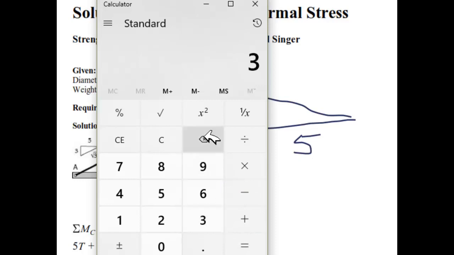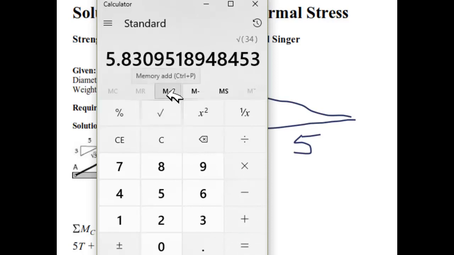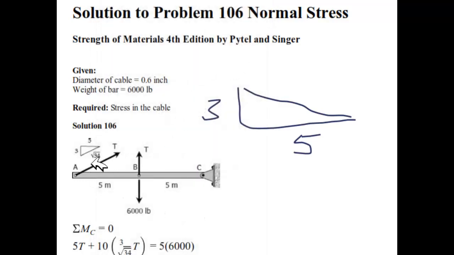So 3 squared plus 5 squared is equal to 34, and taking the square root of 34 is your 5.8. Pretty easy, you can write this is your under root 34. Got it?